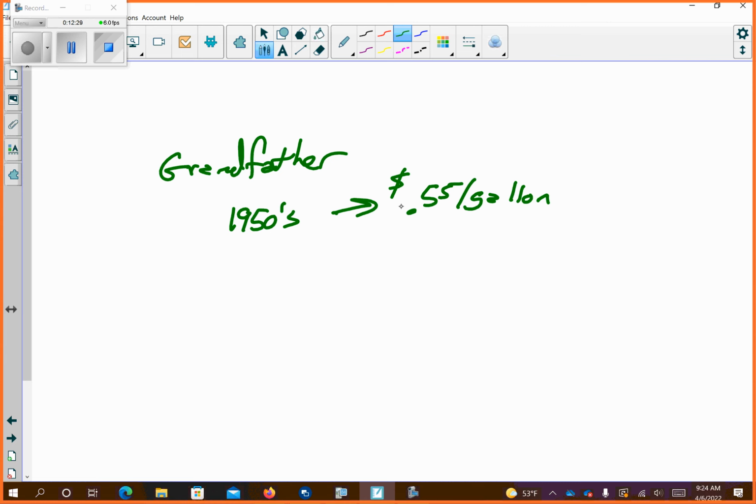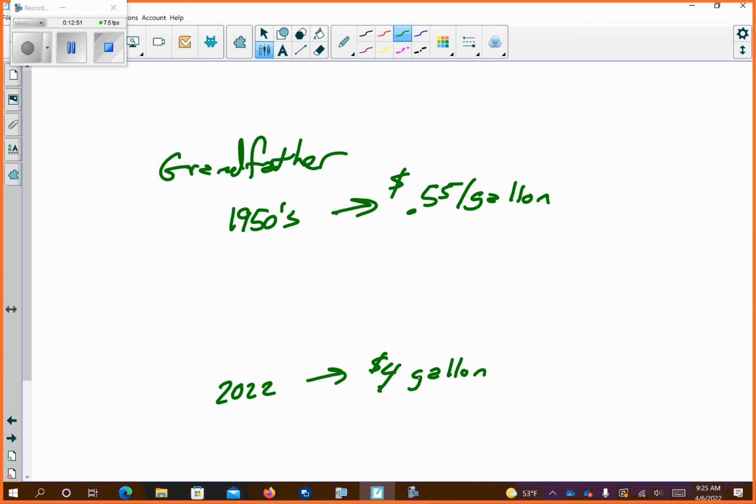Whereas now in 2022, let's just raise it to $5 a gallon. Okay, I think that's about where it's at, isn't it? Is it 4? All right, let's round it down to 4.